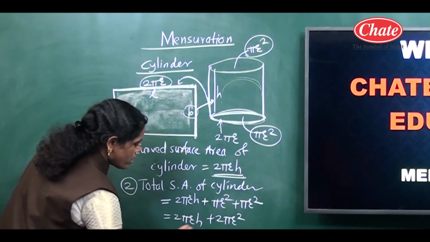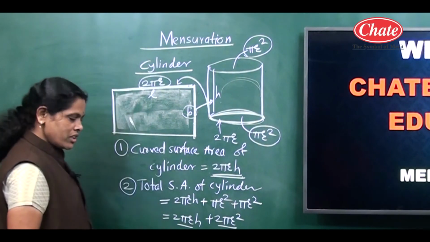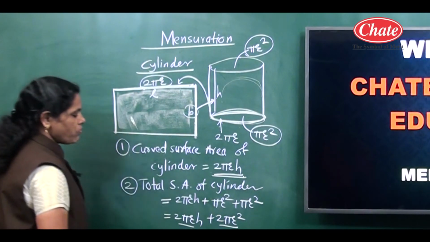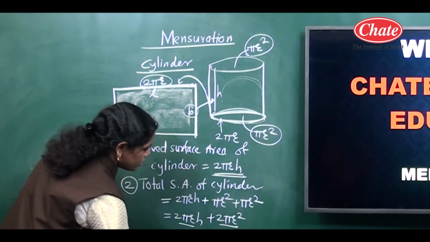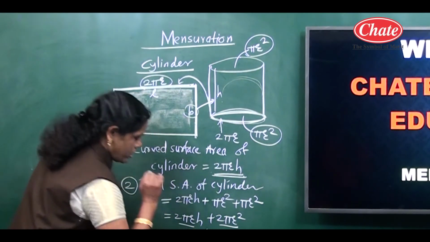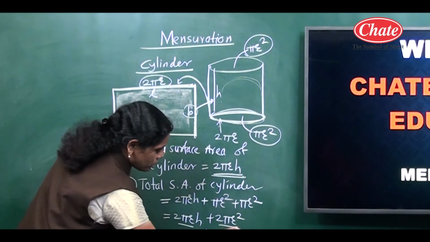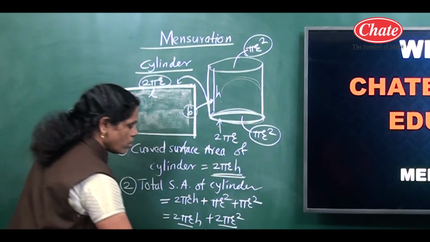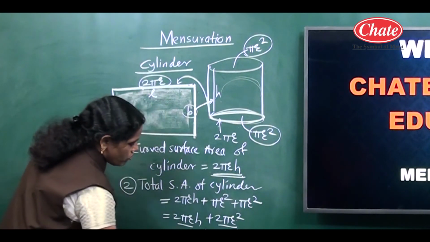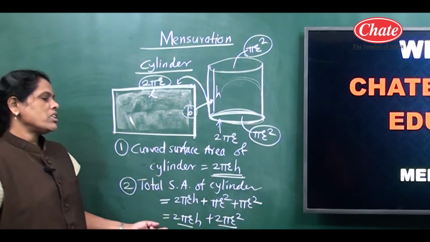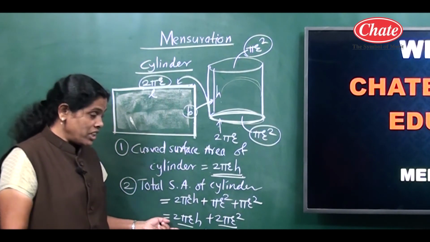You can take 2 pi r common here. Therefore the total surface area of the cylinder is 2 pi r, common here remains h, plus here remains r, because 1 r is already common. This is our formula for the total surface area of the cylinder.